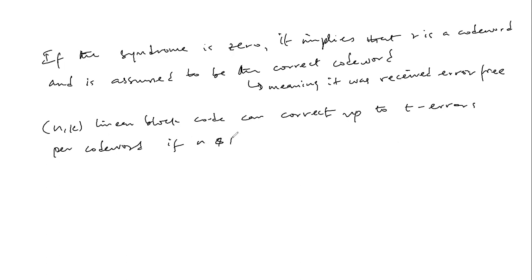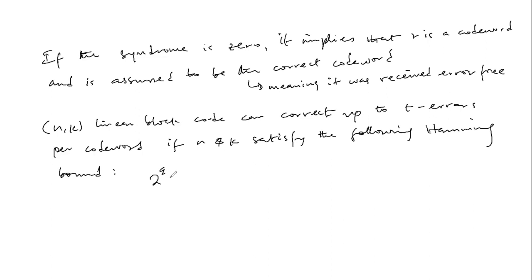If N and K satisfy the following bound, Q plus 1 is greater or equal to the summation of I equal to 0 to T of the combination, right?